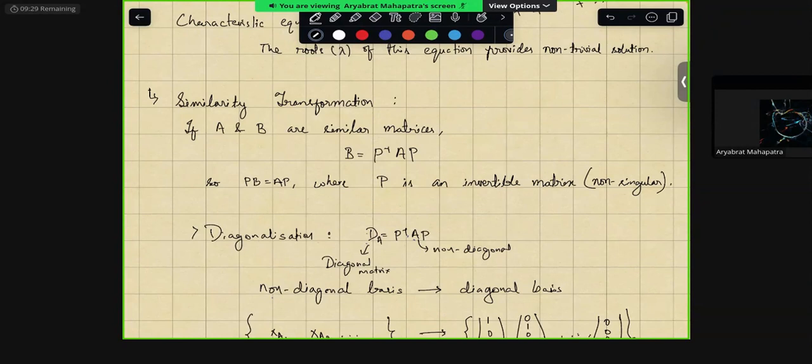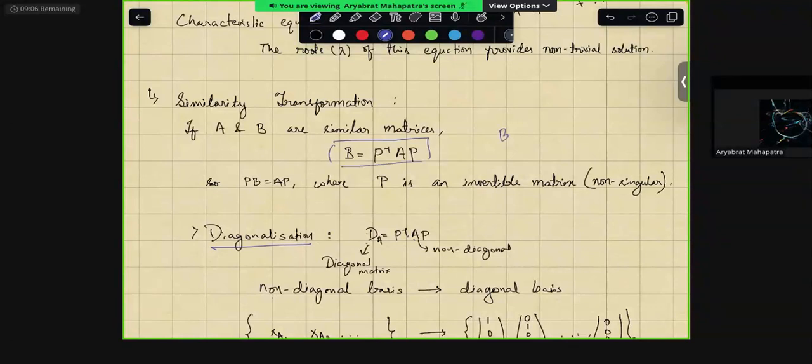Sometimes you want to say that one of the directives of the similarity transformation is diagonalization. So for that purpose, similarity transformations have been introduced, and the transformation is basically defined this way.